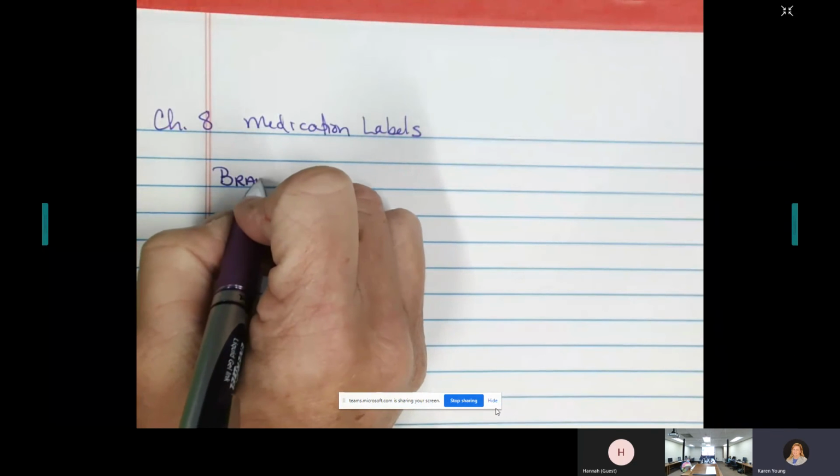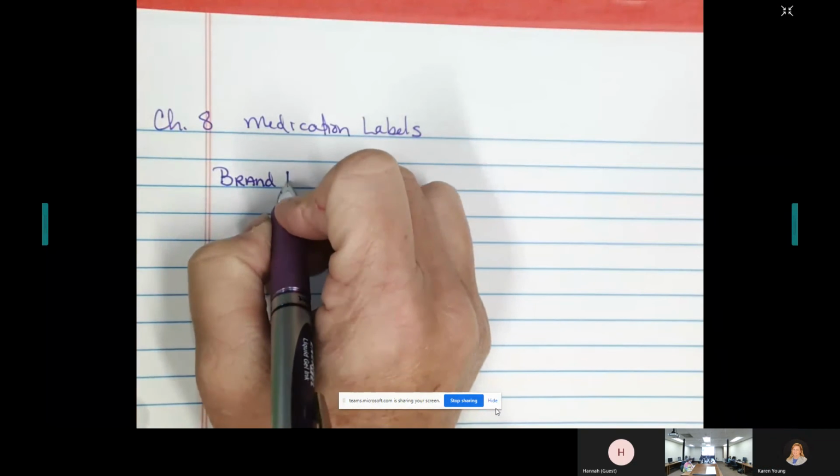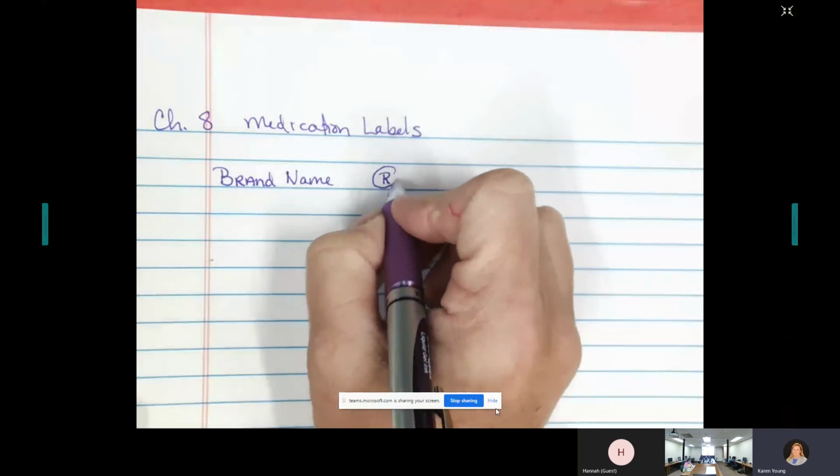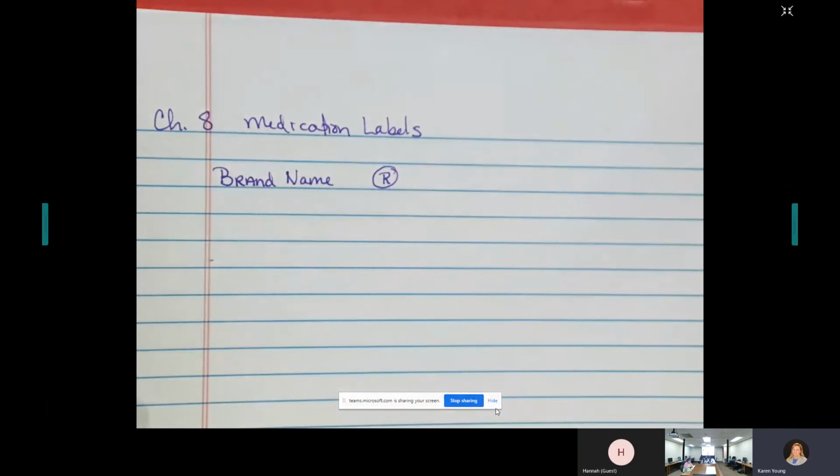Okay, so with the medication labels, you have a brand name on some labels. And the brand name has what's called a registered symbol. It has the R. It's the name that is given to the drug by the manufacturer. Okay, like Tylenol. Tylenol is a registered trade name or a registered brand name.